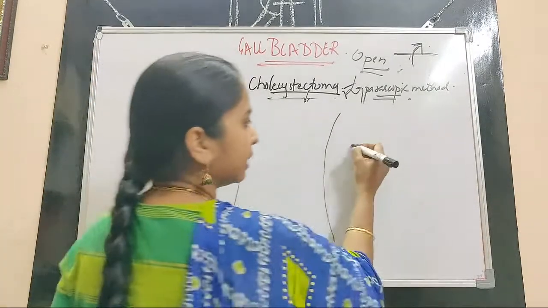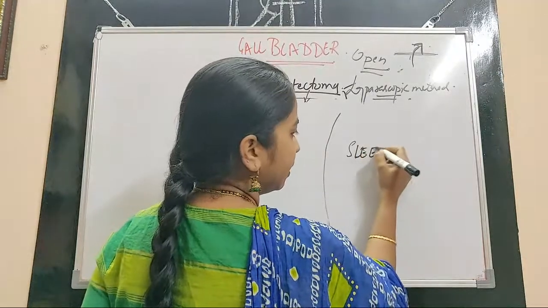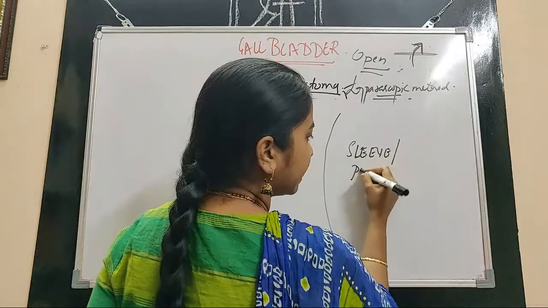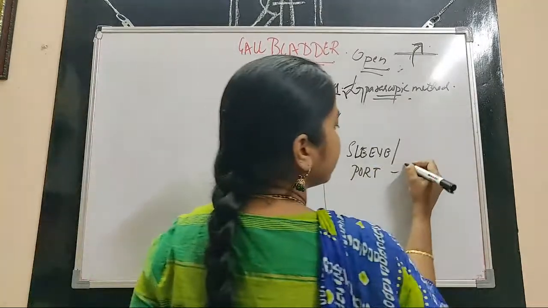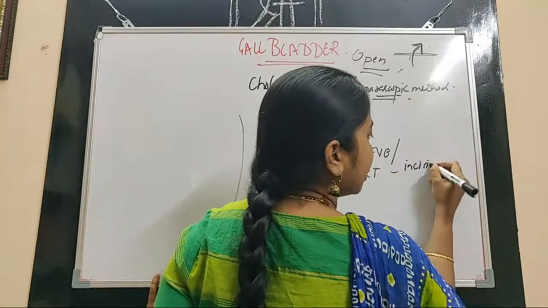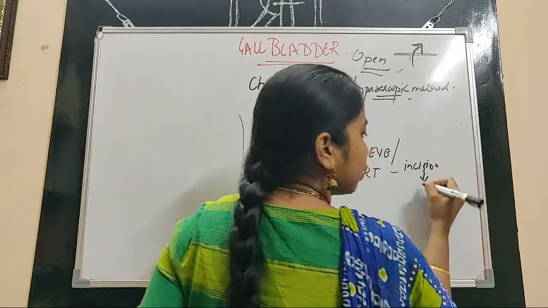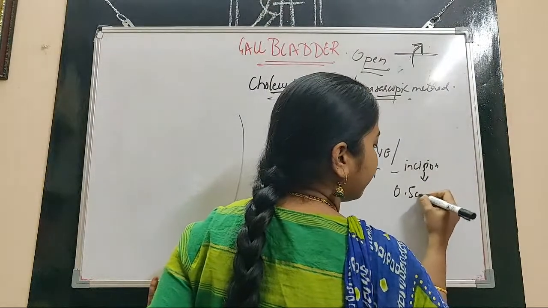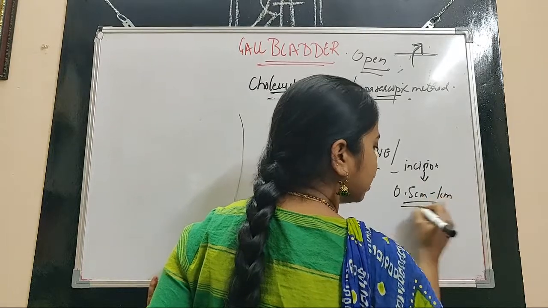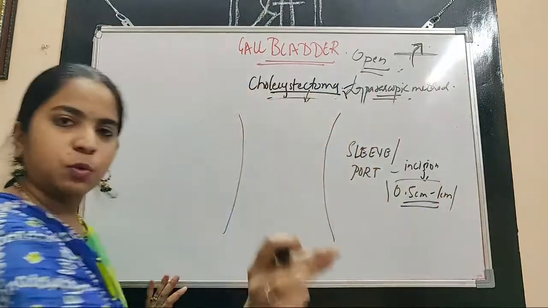This is nothing but an incision. It is called a sleeve or port in the language of laparoscopy. What is the size of this incision? The size of the incision is somewhere around 0.5 centimeter to 1 centimeter. So these are all small incisions.